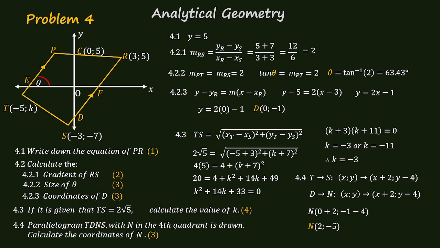Therefore, the coordinates of N will be (2; minus 5). So this is the approach that you'd use to find the coordinates of an unknown point if you are told that the quadrilateral that you are working with is a parallelogram.